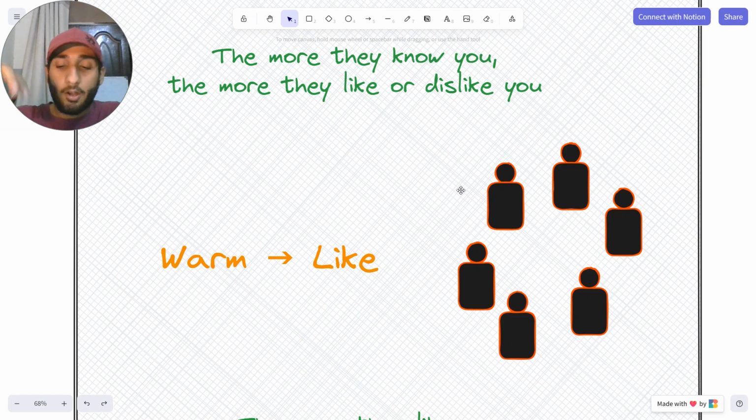Okay, just let me clear one thing. If you don't know about cold, warm, and hot audience, cold means the audience that you are not aware of, and neither are they of you. Okay, they don't know you, they are completely unaware of who you are. Okay, warm audience are who know a little bit about you, okay?